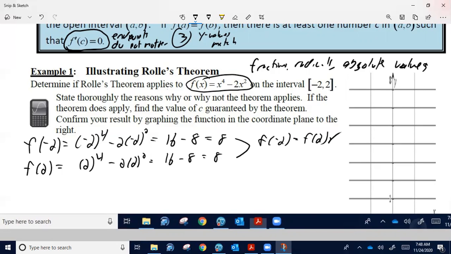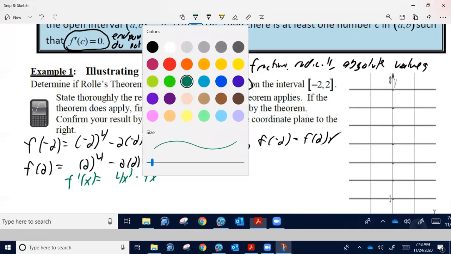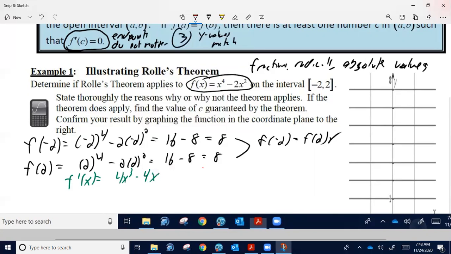We have to have a derivative equal to 0. So f prime is going to be 4x cubed minus 4x. This derivative has to equal 0. 4x cubed minus 4x equals 0.